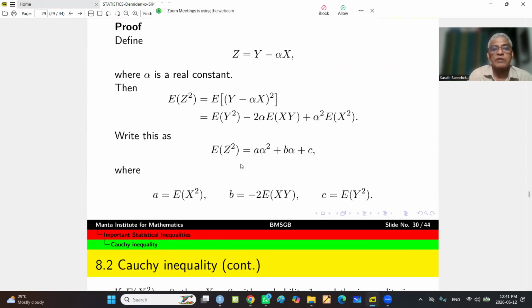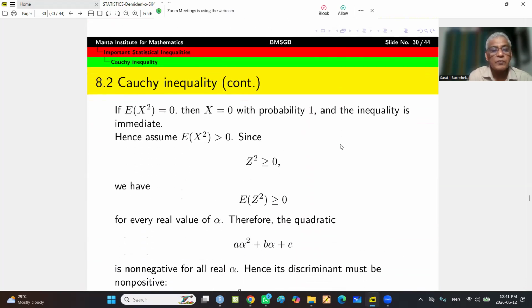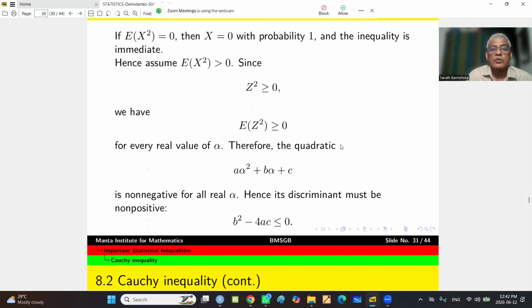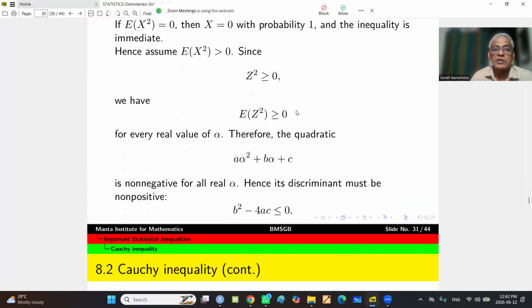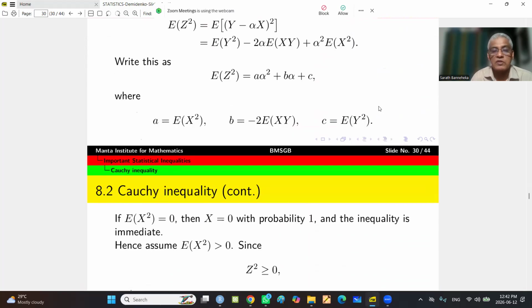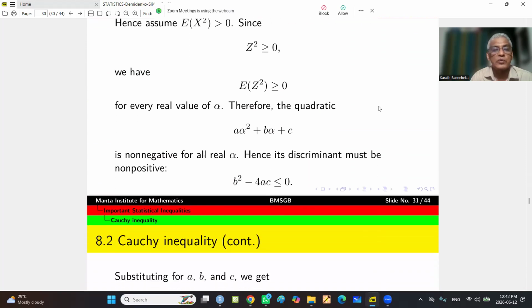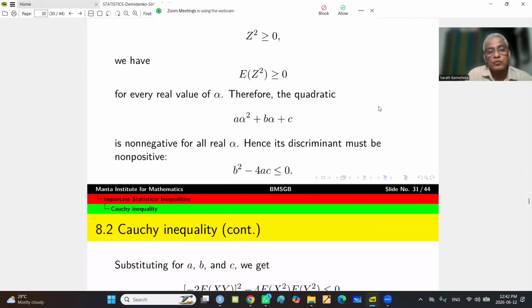Whatever the value of alpha, the expected value of Z squared is equal to this function, so it must be greater than or equal to 0 for any value of alpha. Therefore the quadratic function A alpha squared plus B alpha plus C should be non-negative for all real values of alpha.